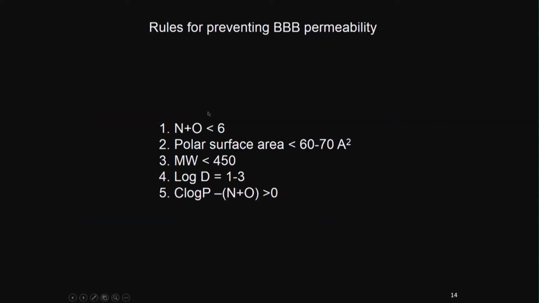Other rules: the number of nitrogen plus oxygen should be less than 6, polar surface area 60 to 70, molecular weight less than 450, log D 1 to 3, log P, and N plus O should be greater than 0. These are some other parameters which also tell you whether a molecule can be BBB permeable or not.